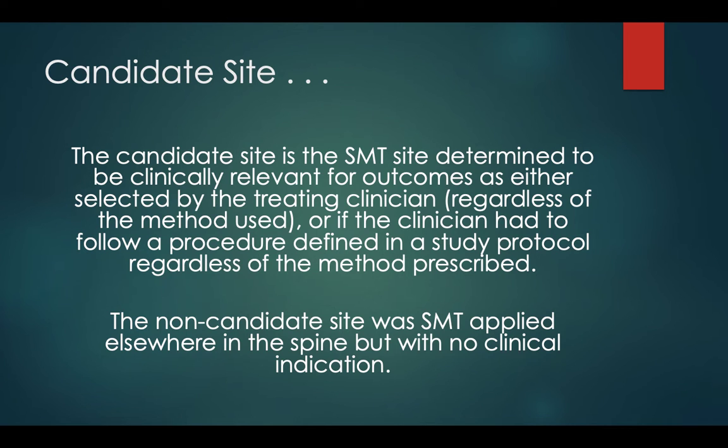So some definitions. Candidate site versus non-candidate site. The candidate site is the SMT site determined to be clinically relevant for outcomes as either selected by the treating clinician or if the clinician had to follow a procedure defined in a study protocol, regardless of the method described. The non-candidate site was SMT applied elsewhere in the spine, but with no clinical indication.